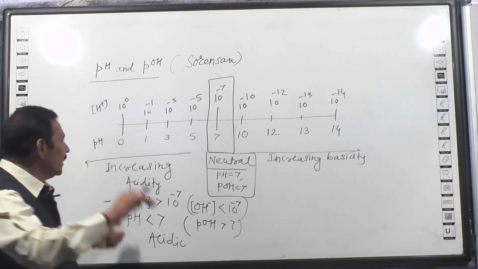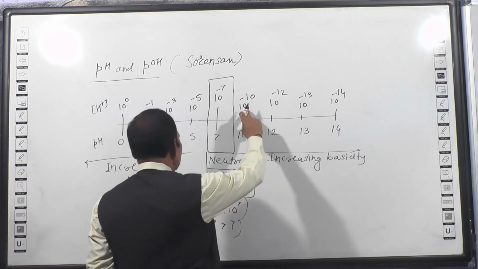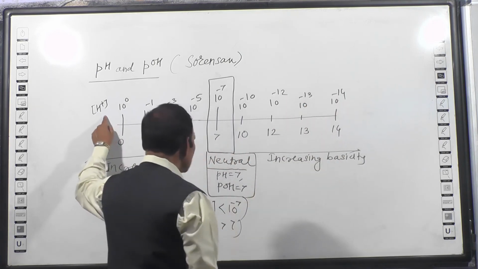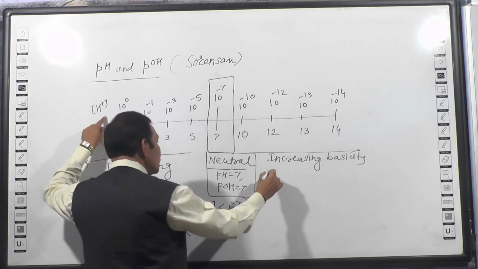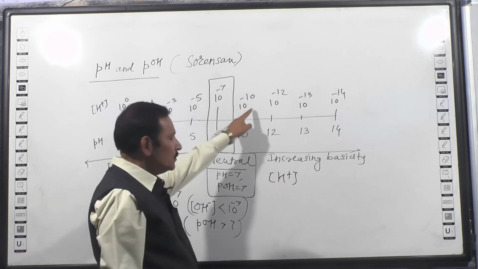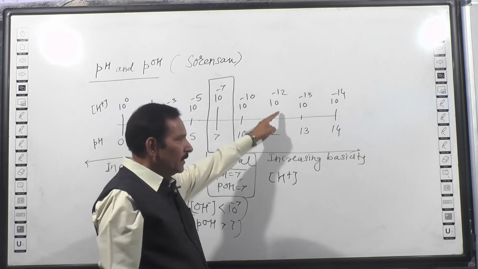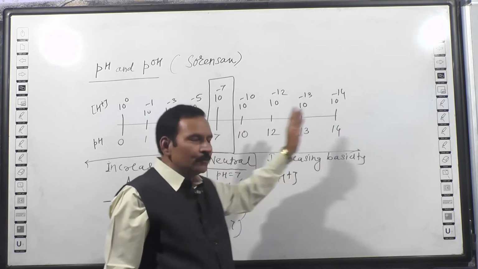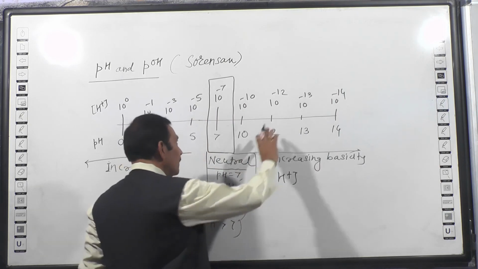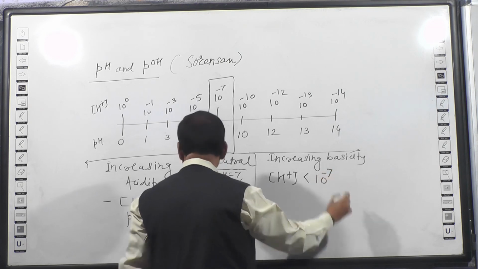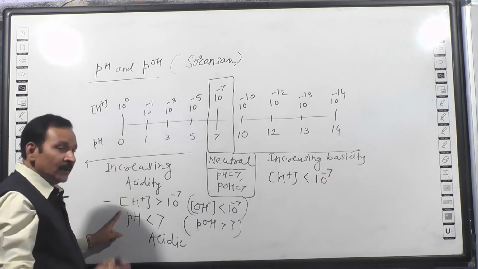Now the same is the case on the right hand side of the scale. Minus 10, minus 12, minus 13, minus 14. These are H plus ion concentrations. Now look at these values. Minus 10 is beyond minus 7, minus 12 is beyond it. All the values on the right hand side of this neutrality point are less than minus 7. So we'll write that H plus ion concentration is less than 10 to the power minus 7.